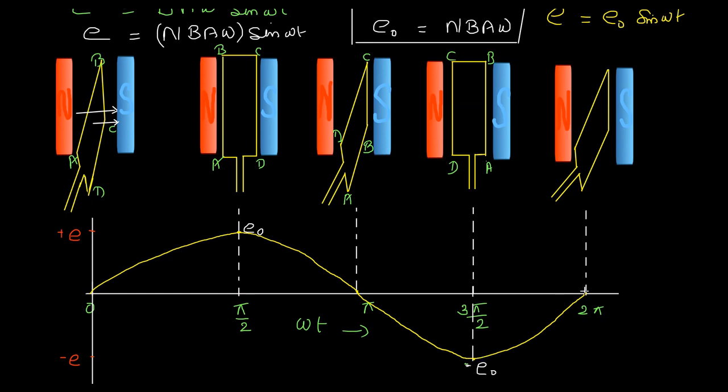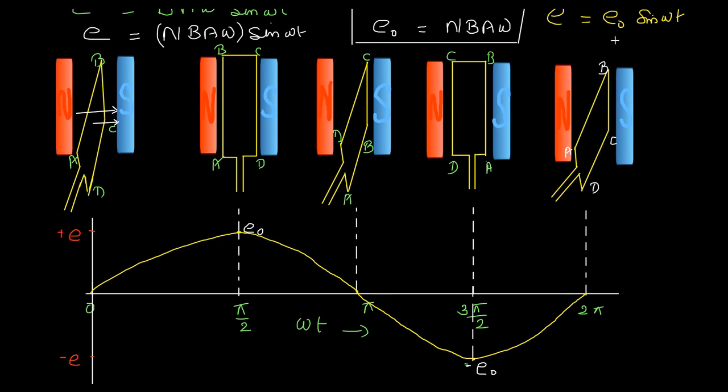Now look at the fifth diagram. In this, the coil has come back to the original position. In the original position we had seen the angle between area vector and magnetic field is 0.